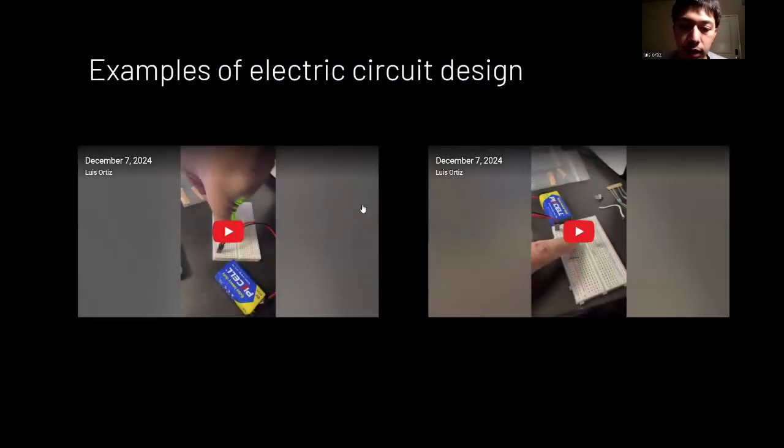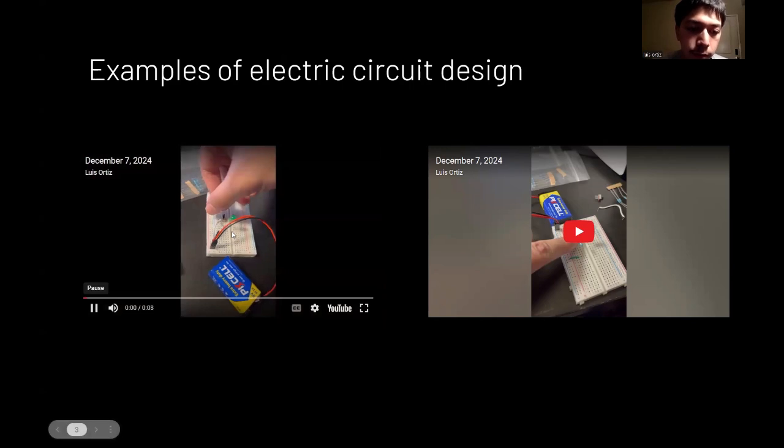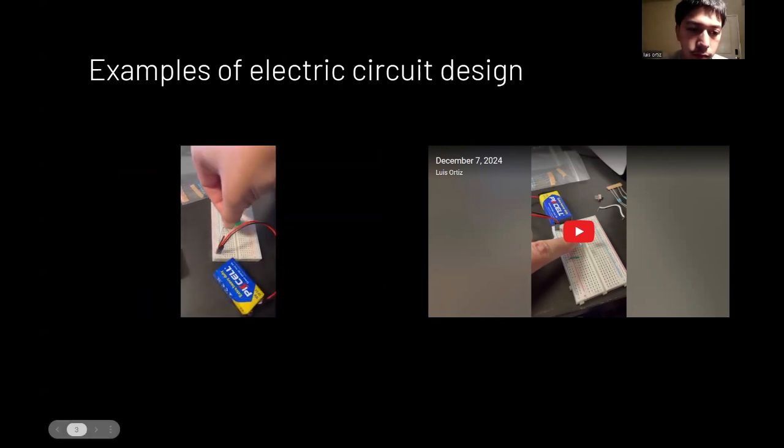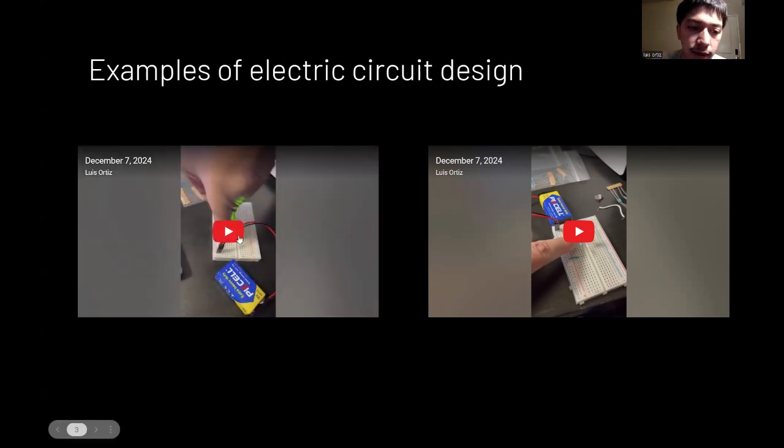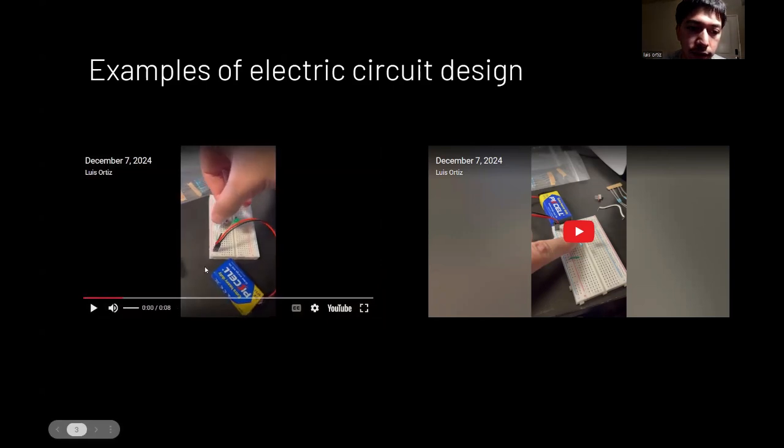So here, there are two examples of me with basic electric circuits that I did with IEEE ops. Here we see me connecting to the breadboard. So this is video one. In that video, we see that there is a switch and the battery connects here, and then the electric current is transferred to the switch.